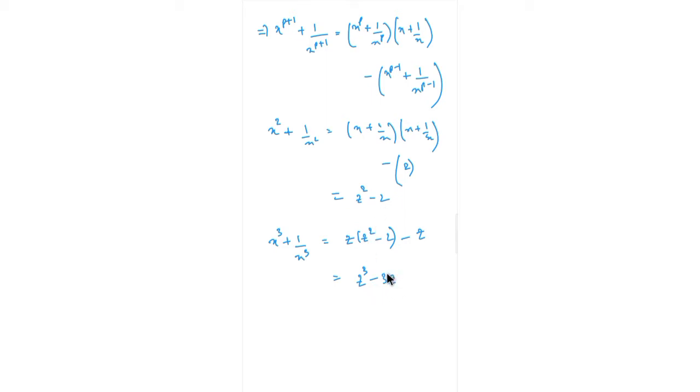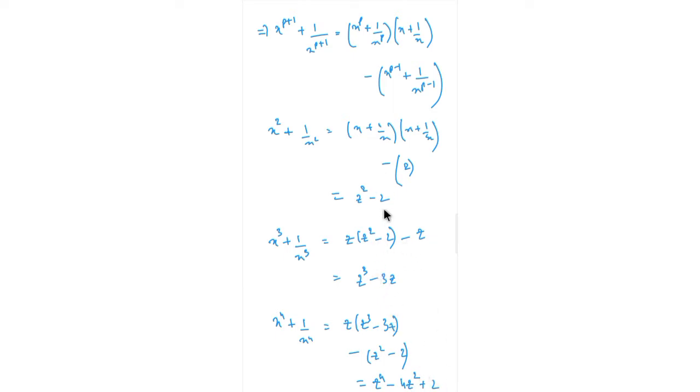I hope you can get a further idea: x power 4 plus 1 by x power 4 is nothing but z into z cube minus 3z, minus of z square minus 2. So it's nothing but z power 4 minus 4z square plus 2.